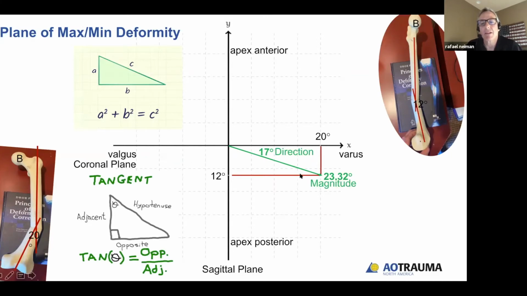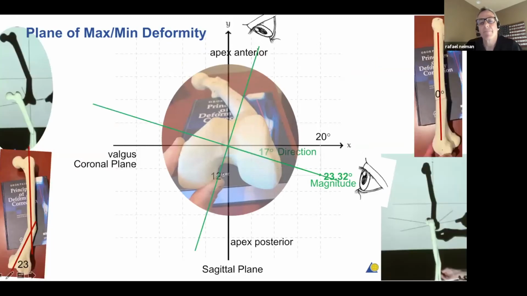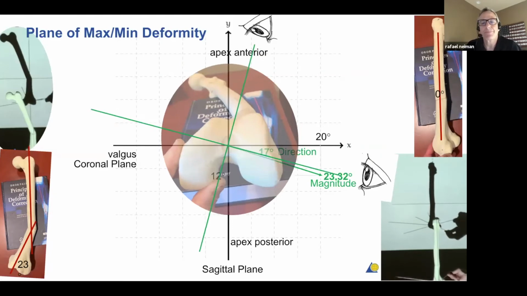The length of that line is the magnitude in degrees, and how far off that coronal plane is the direction. So if you were to look at it from that angle, you would see no deformity, as I'm showing you in the bottom right, and 90 degrees orthogonal to that would be the maximum plane. And you have to know those in order to be able to calculate your deformity and plan your deformity correction.